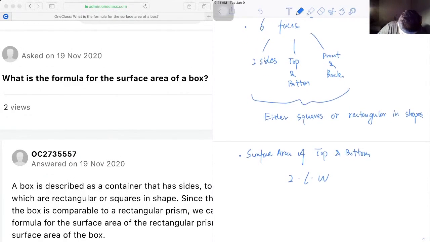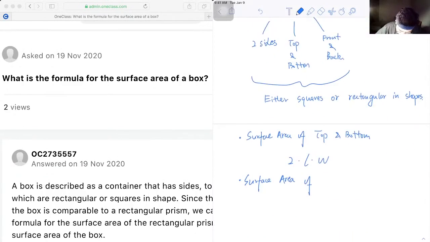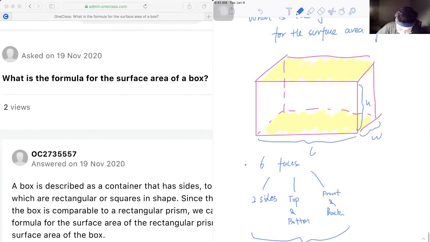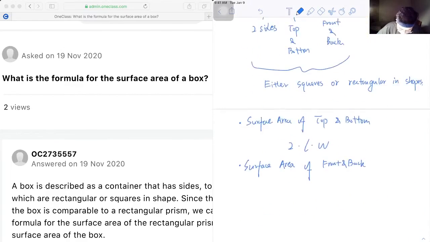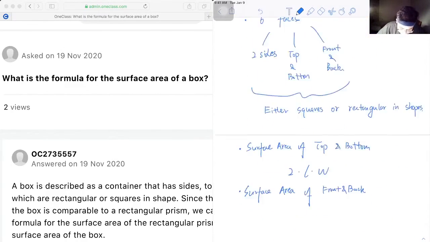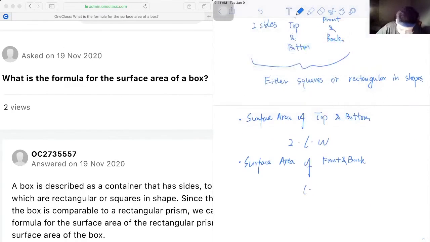We also have the surface area of front and back, which is going to be L times H. Since there are two of them, we need to times 2 as well.